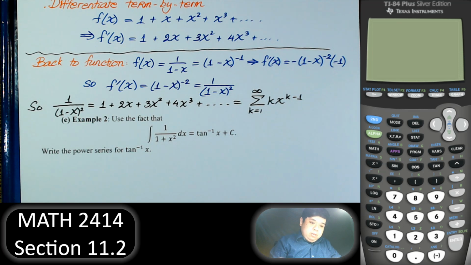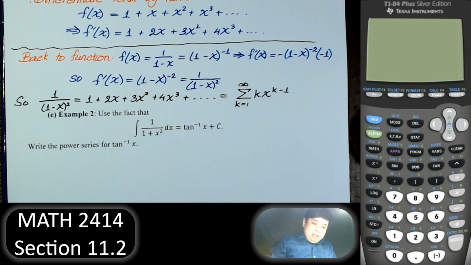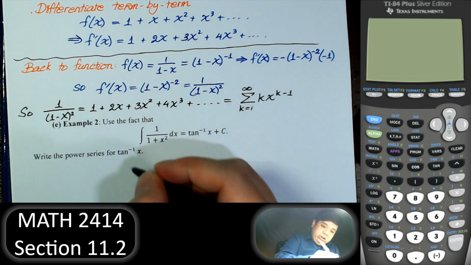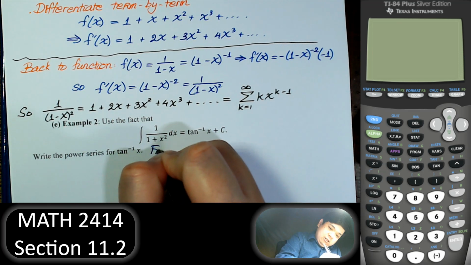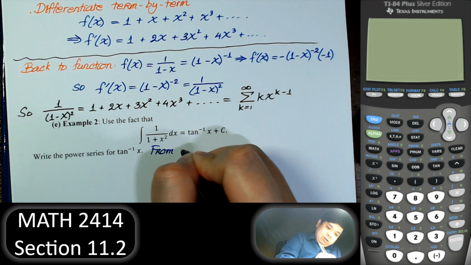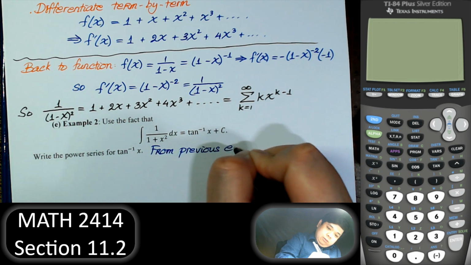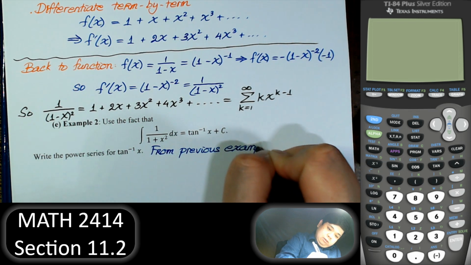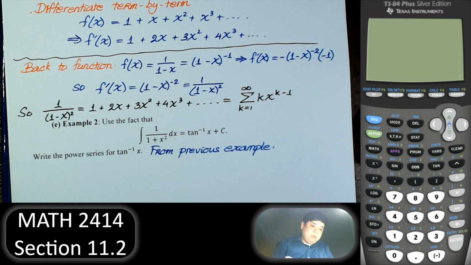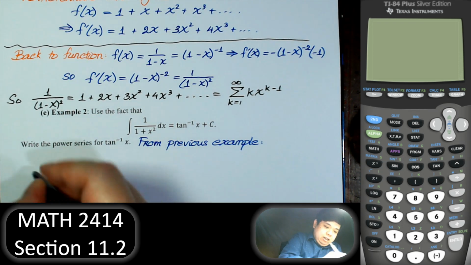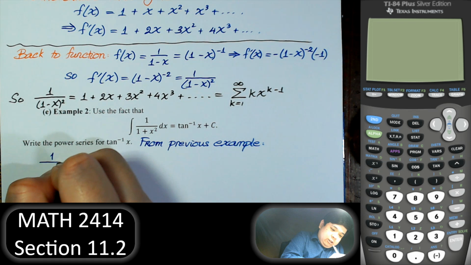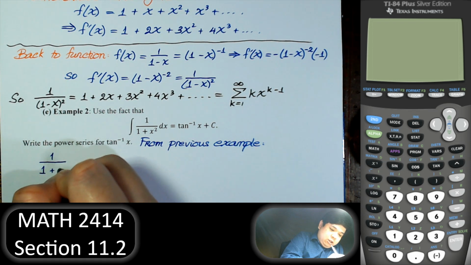Right, so try to write small here. So from the previous example, this is what we have. 1 over 1 plus x squared.